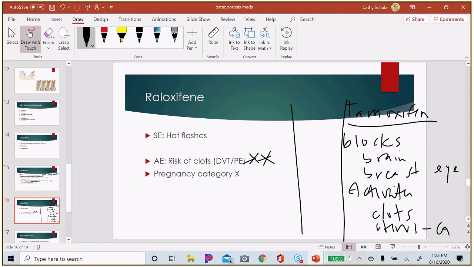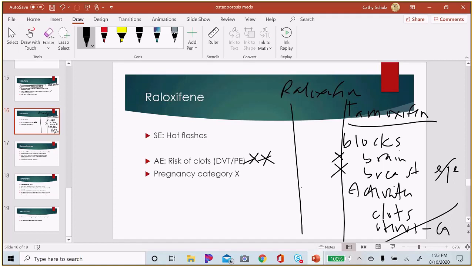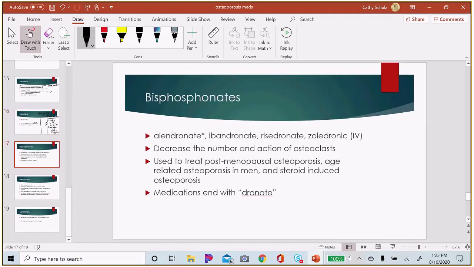Raloxifene is a little bit safer because it blocks estrogen in the brain and the breast, so you decrease breast cancer risk, and you will unfortunately get hot flashes. You increase your risk of clots, but you don't have to worry about the uterus or the eye stuff. It is a pregnancy category X, which means a person cannot take it if they're pregnant. And most people will be taking raloxifene as postmenopausal anyways.